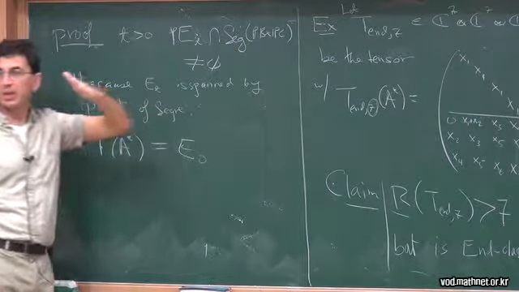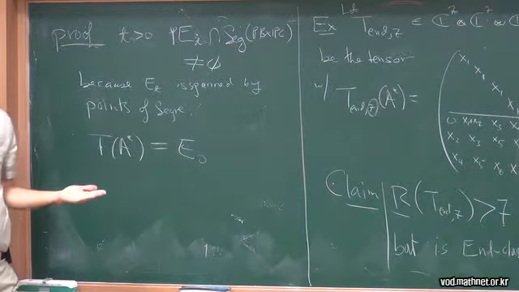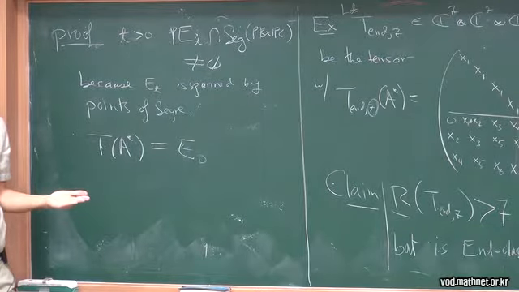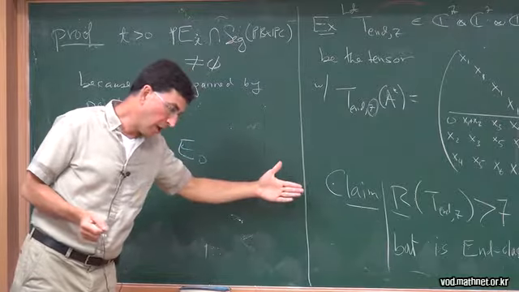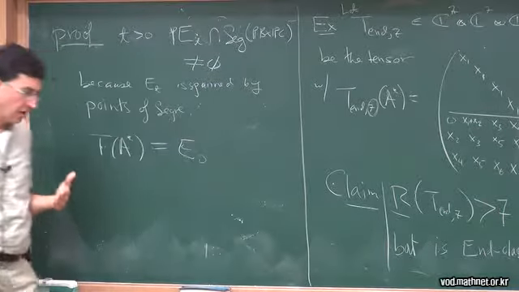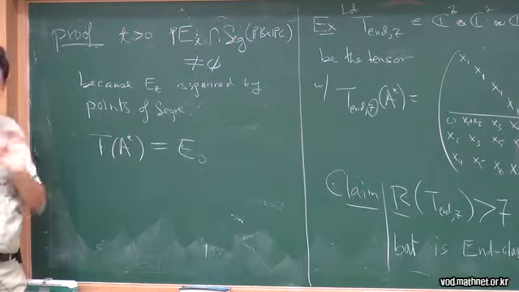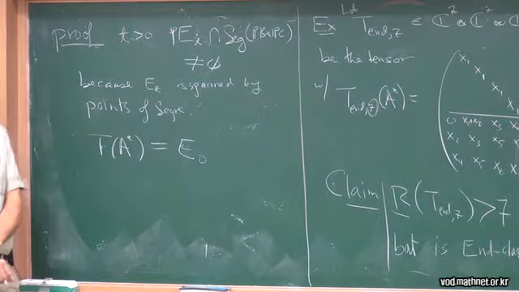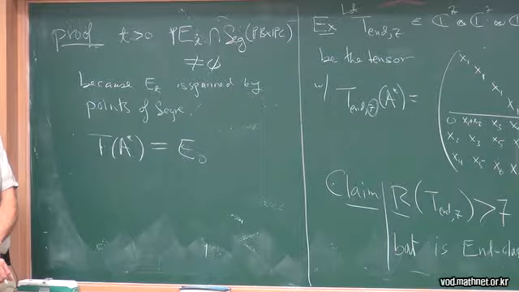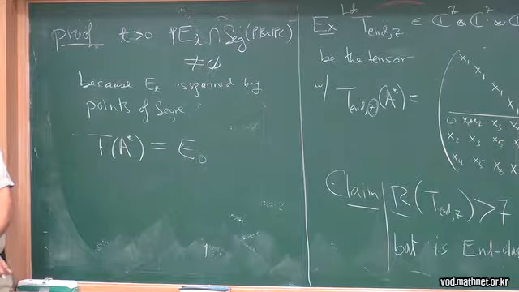It's a closed condition for a linear space to contain a rank 1 matrix. So if I have a curve of linear spaces that contain a rank 1 matrix, the limiting point on that curve must also contain a rank 1 matrix. Questions?